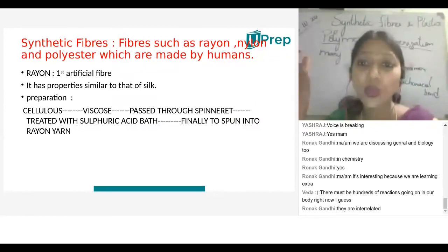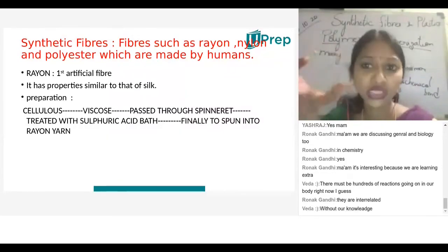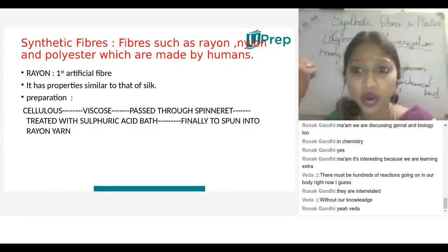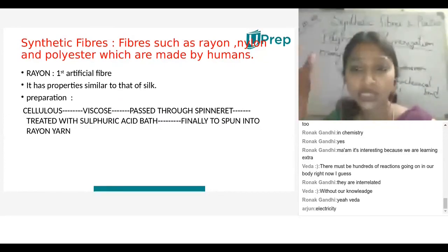Batteries, how batteries are made up of. We are using laptops. We are not directly charging the laptop and using it. How the batteries are made up of, how the circuits are made up of. Circuits are made up of metals. Metals are nothing but chemistry, elements.